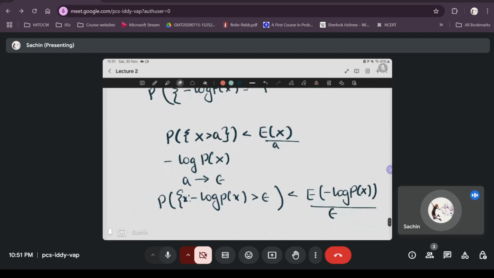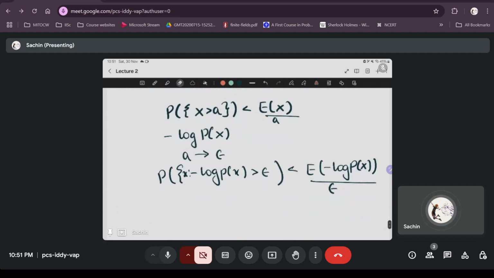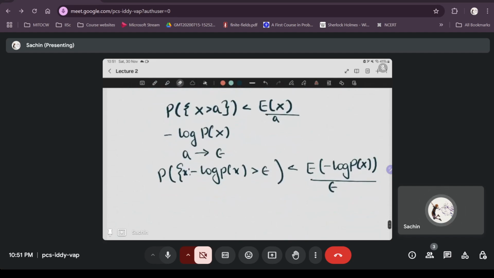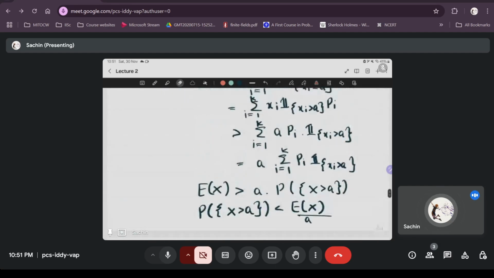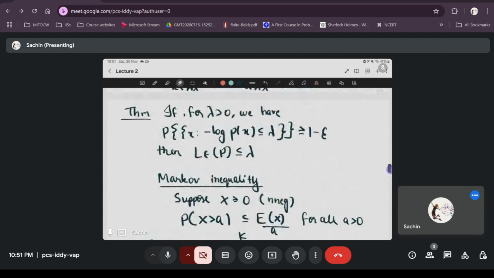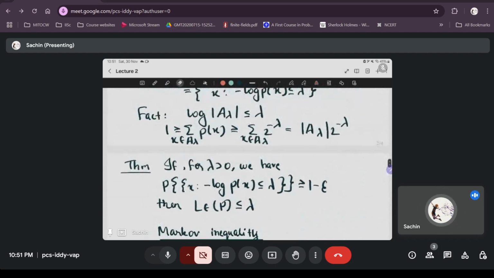Yeah, it's the entropy we had, right? So we had the entropy, but we still have to relate it to L epsilon of P, right? So L epsilon of P was less than or equal to lambda.